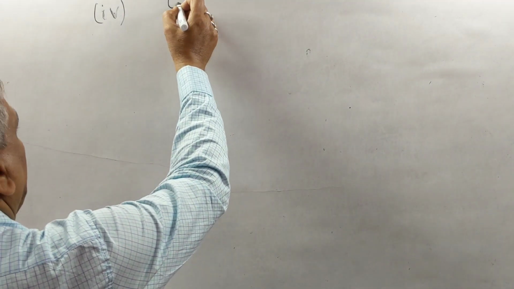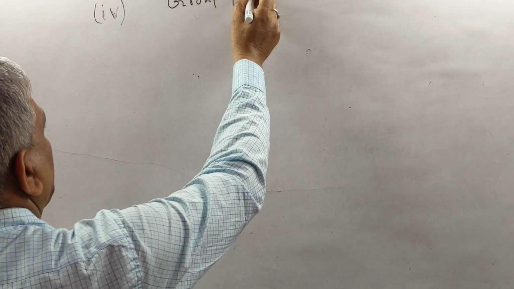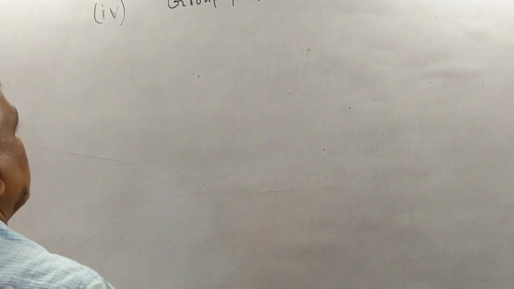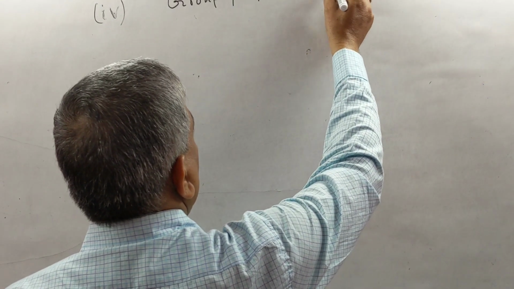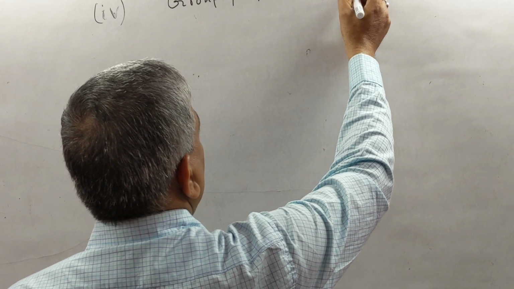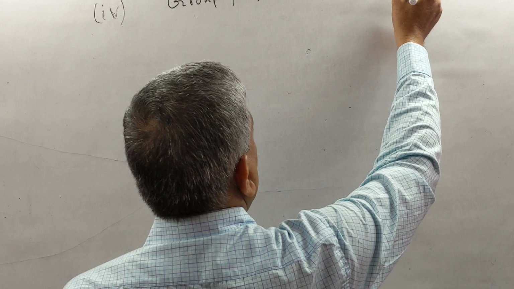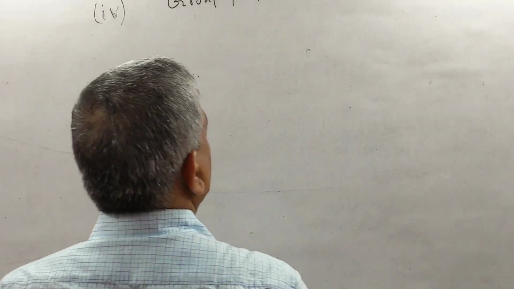That means transitive property, group property. Sometimes we say so-called group property. Its other name may be transitive property.